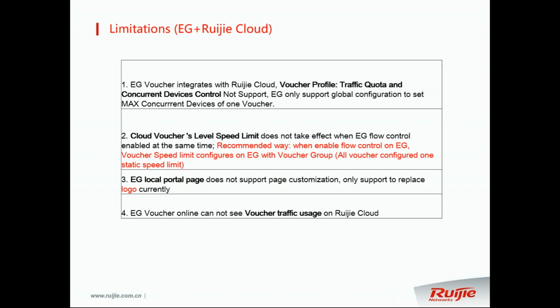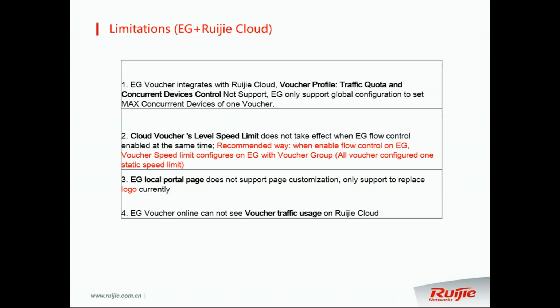So we only have this function: we can only suggest to customers how many days. The time limitation, not the traffic limitation. Okay, everyone pay attention, this is an important point. Maybe later we can support it, but now just remember it's time limitation, not traffic limitation, because we cannot see the data now, even on the cloud.